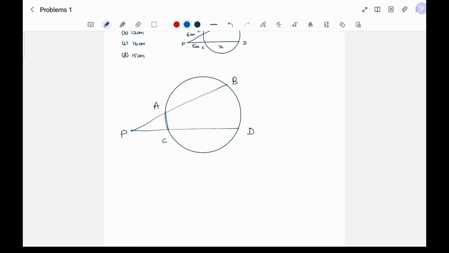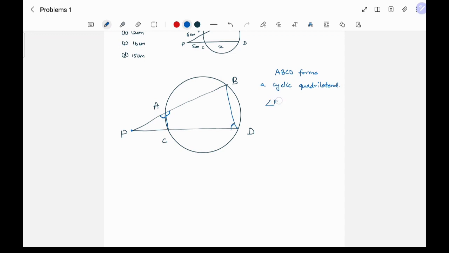So if we join AC and BD, if you see ABCD forms a cyclic quadrilateral, right? Now, so this angle plus this angle is 180 degree, but this angle plus this angle is also 180 degree. So we have this angle is equal to this angle.